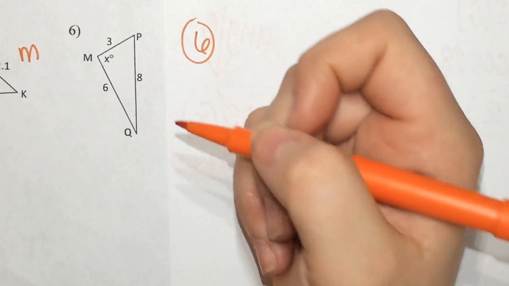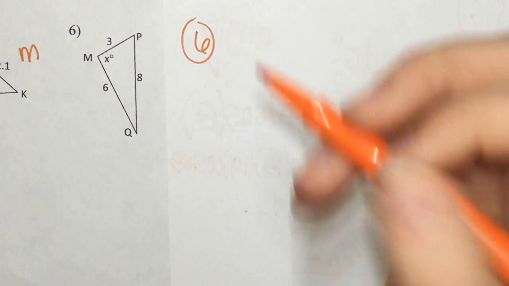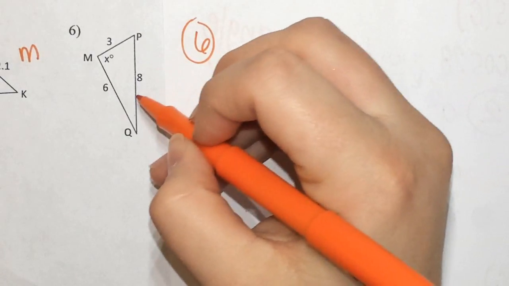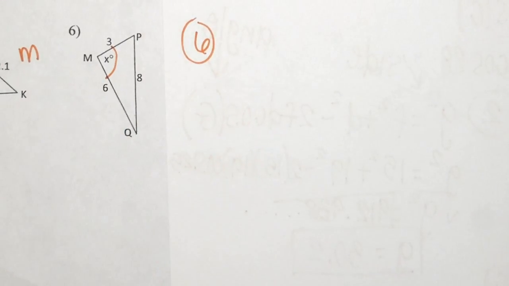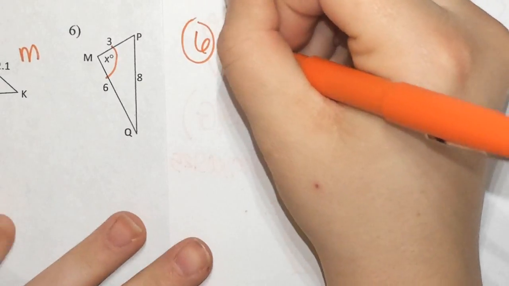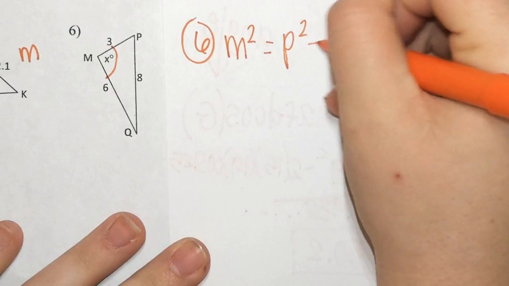What angle am I solving for? I'm solving for M, angle M, and if I'm solving for angle M, that means it's going last. What has to go first? M. The other two don't matter the order.